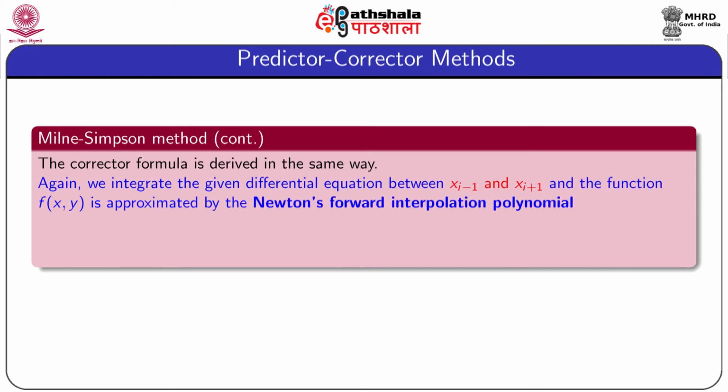And the function f(x, y) is approximated by Newton's forward interpolation polynomial, that is f(x, y) equal to f_{i-1} plus u Δf_{i-1} plus u(u-1)/2 into Δ²f_{i-1}.